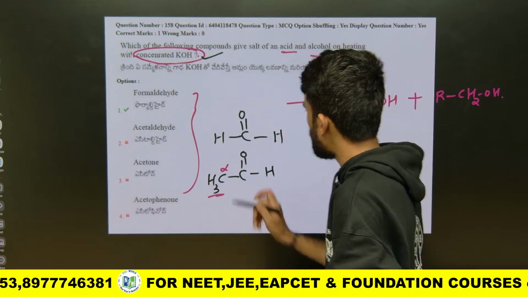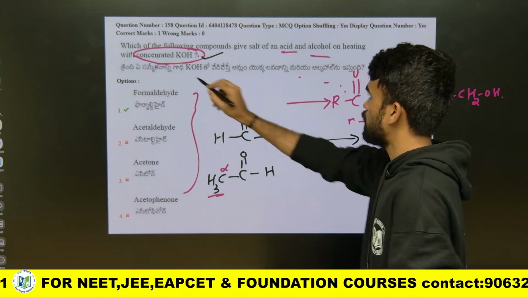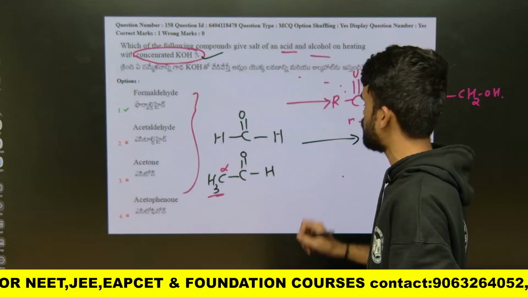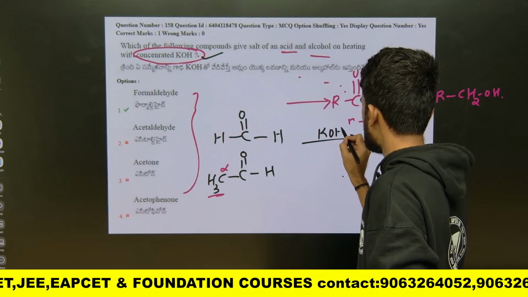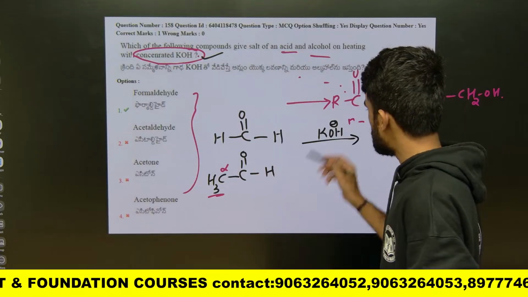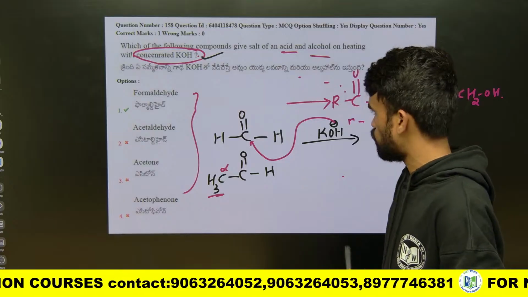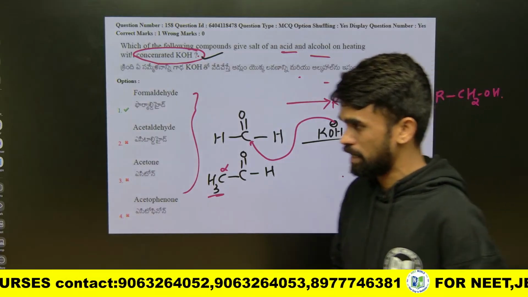Whenever we treat these with a base, alcoholic KOH or concentrated KOH, if there are no alpha hydrogens as in case 1, the KOH directly attacks the carbonyl carbon, which is the electrophile, and the OH group acts as a nucleophile.